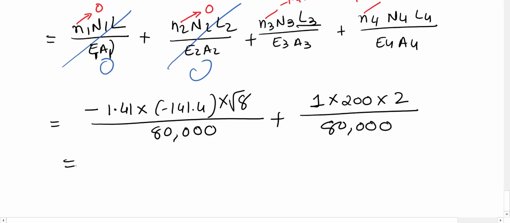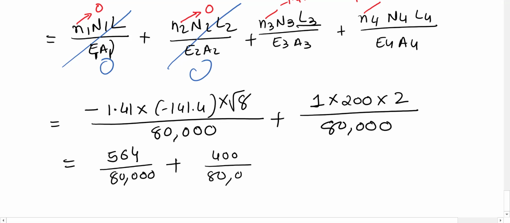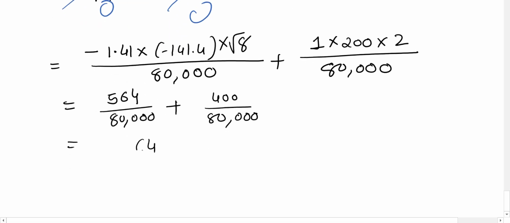So if you simplify this one, it gives us 564 over 80,000 plus 400 over 80,000, which gives us 964 over 80,000.